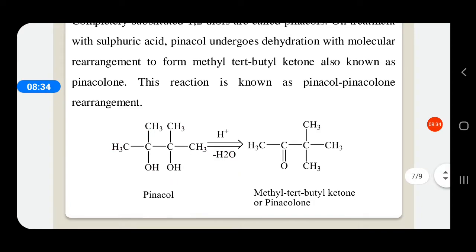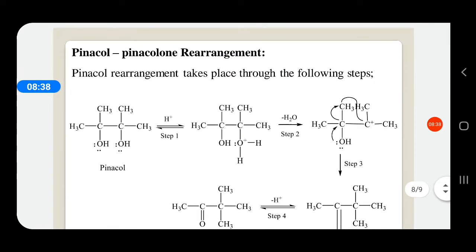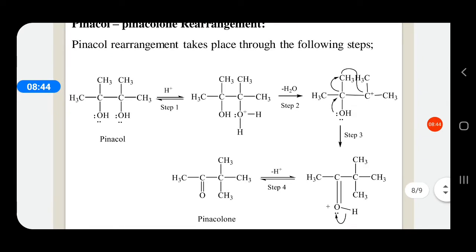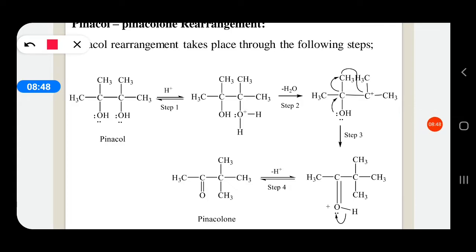Let us see the mechanism of this reaction, which is an important reaction in this chapter. In Pinacol, one OH group is protonated.